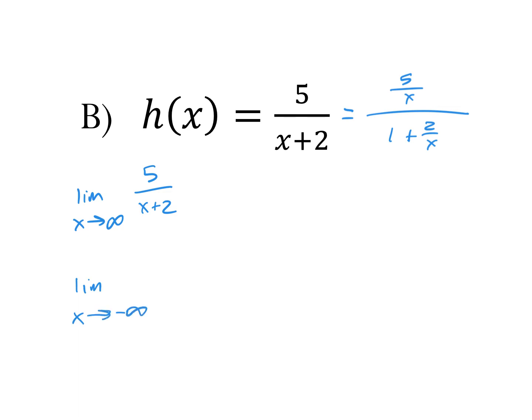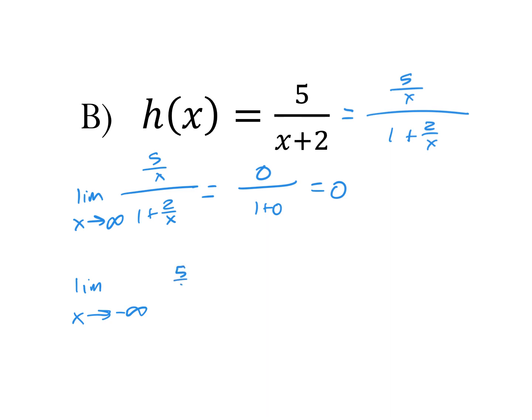I'm sorry, erase that. I'm going to do this. My bad, y'all. What does the top become? The bottom? 1 plus 0. So overall the value of the fraction is 0.